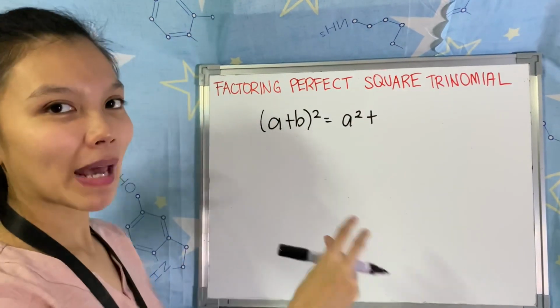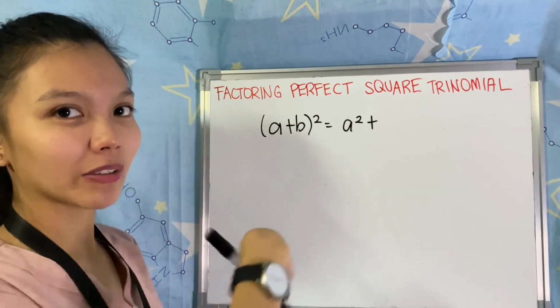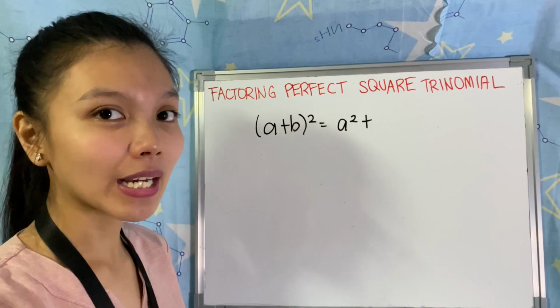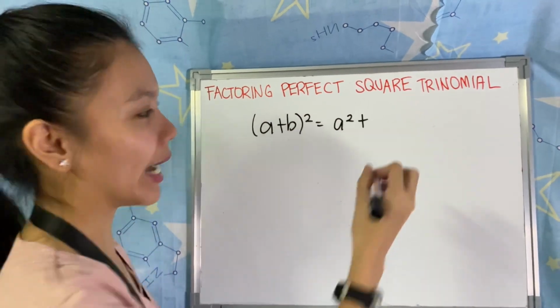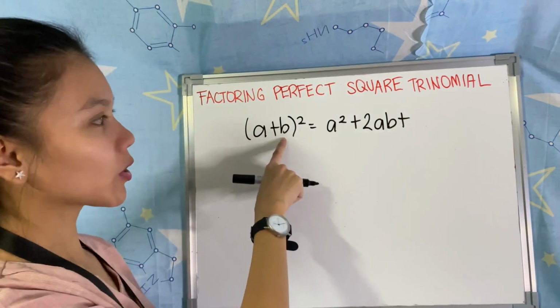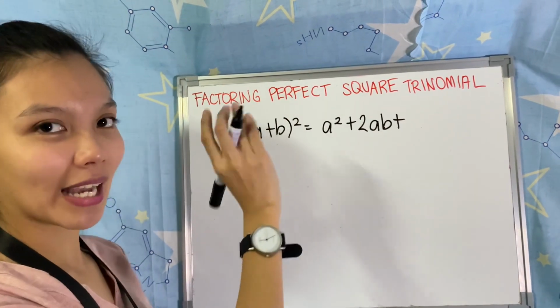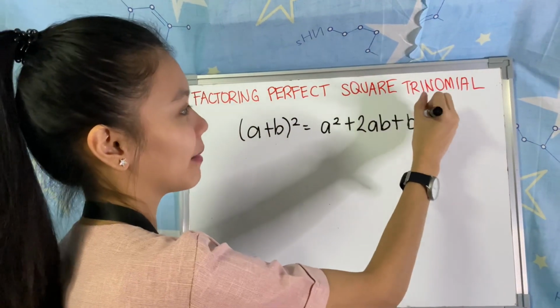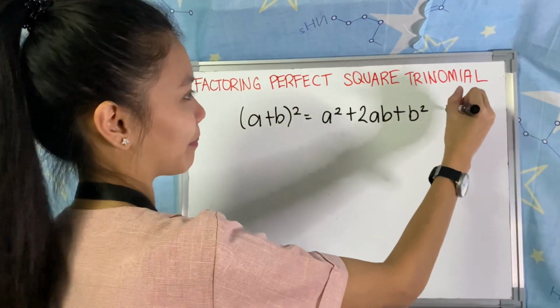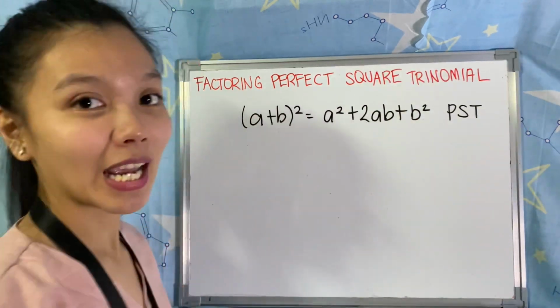Then, multiply the first and the second term, which will result to AB, then multiply it by 2, so we have 2AB. And then, we're going to square the third or the second term, which will be B squared. So, ito na po yung tinatawag natin na perfect square trinomial.